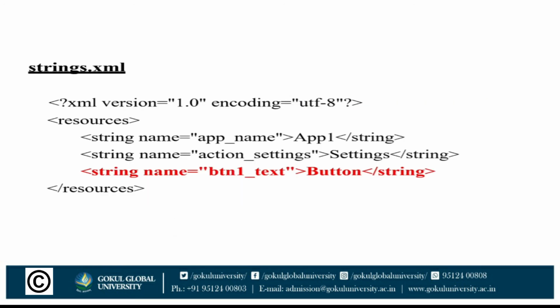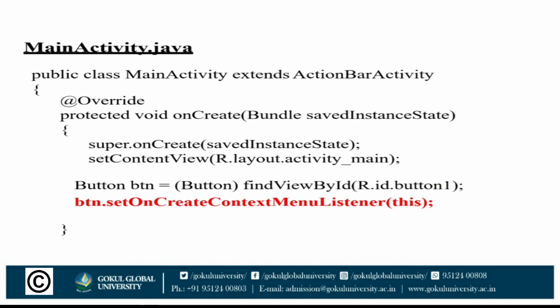In the activity_main.xml file, implement a relative layout and create a button view as a UI component. In the strings.xml file, declare the string variables which are used in this example. In the MainActivity.java file, first of all override the onCreate method, then call the findViewById method to get the ID of the button view, then call the setOnCreateContextMenuListener method of the button view to associate it with a context menu.